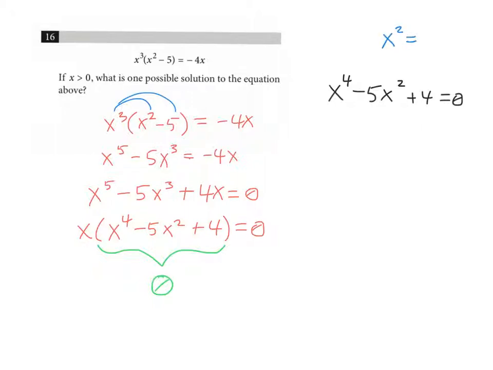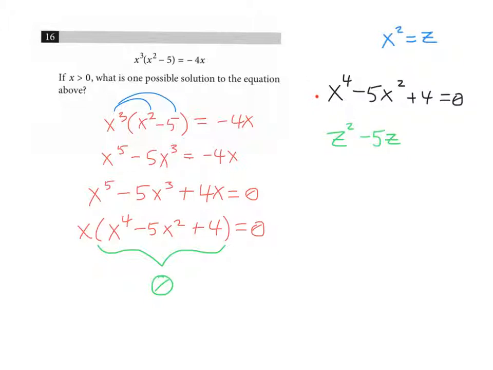Temporarily call it z. That makes negative 5x squared negative 5z, and you might be asking, what about this? Well, that becomes z squared. It's always going to be that way: if that's z, then this term becomes z squared.